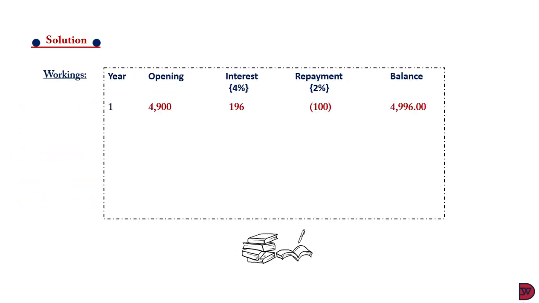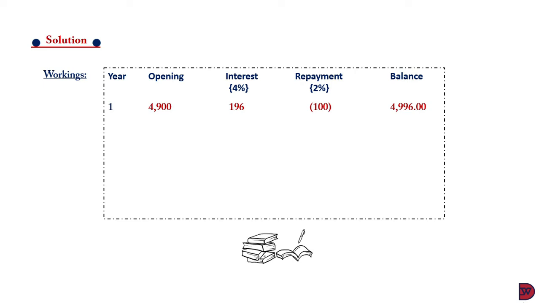When we come to year 1, the opening is the 5 million, which is the 50,000 times the $100 par value, less the issuing cost, giving 4.9 million. The interest, which is the effective rate of 4%, so 4% on the 4.9 gives $196, which is recognized in year 1 for the statement of profit or loss.